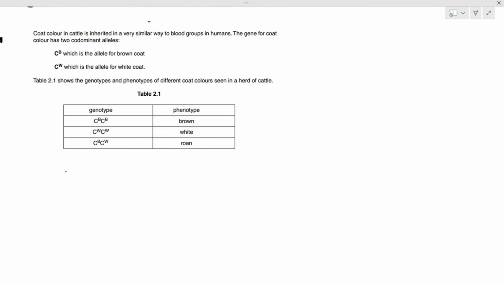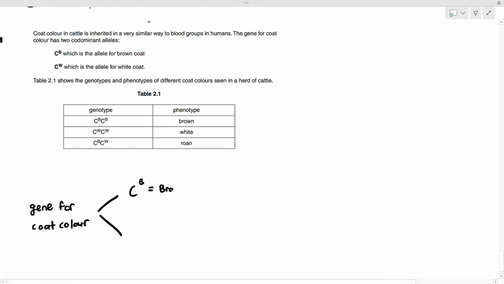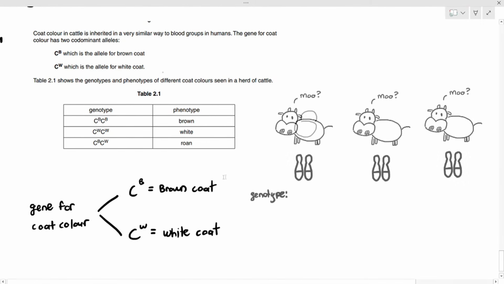So right off the bat, they have mentioned to you that it's two codominant alleles, and I've also written it down here. Just give me a moment to draw out my cow. Okay, so you have the cow. CB is the allele for the brown coat, and CW is the allele for the white coat that was mentioned in the question. Table 2.1 shows the genotypes and phenotypes for the coat color seen in the herd of cattle.